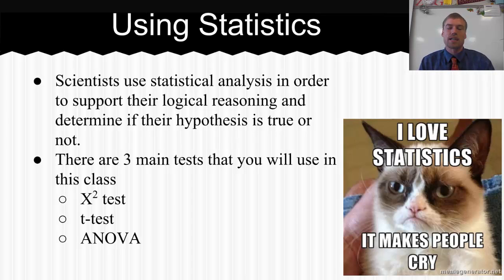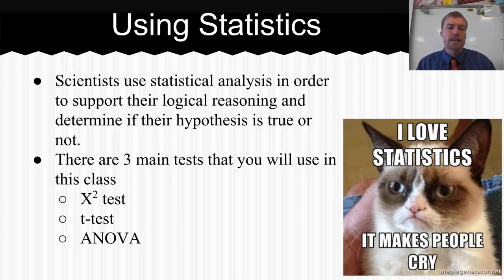When we're saying something is statistically significant, we are saying that our results are not due to random chance, or that it could be due to random chance, but that is a very low percentage. What we generally use is a 95% confidence. We're going to say we are 95% confident that our results are not due to random chance. And that's when something is statistically significant. And we will spend a lot of time going over this, with lots of practice throughout the year.